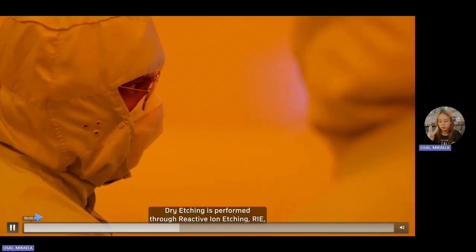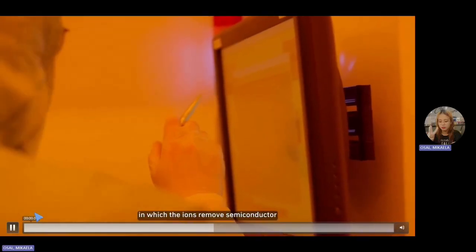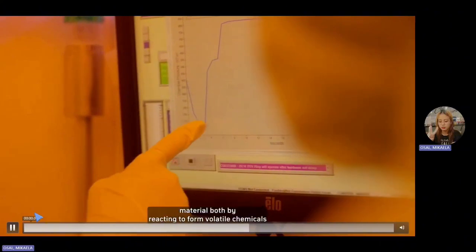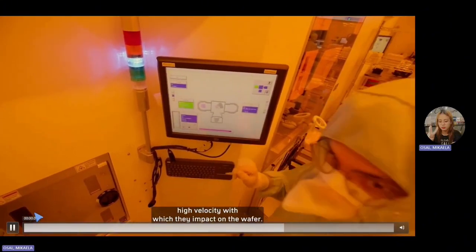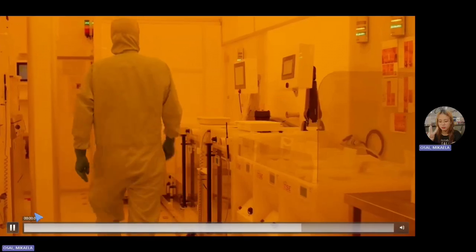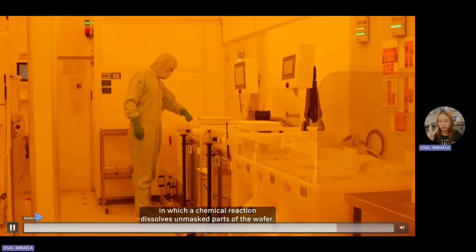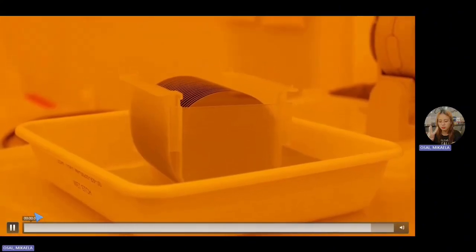Dry etching is performed through reactive ion etching, RIE, in which the ions remove semiconductor material both by reacting to form volatile chemicals as well as scattering away material through the high velocity with which they impact the wafer. In wet chemistry, the wafers are immersed in a liquid bath in which a chemical reaction dissolves unmasked parts of the wafer.